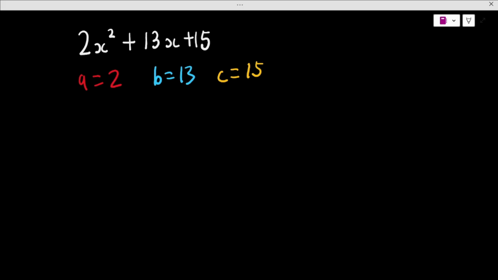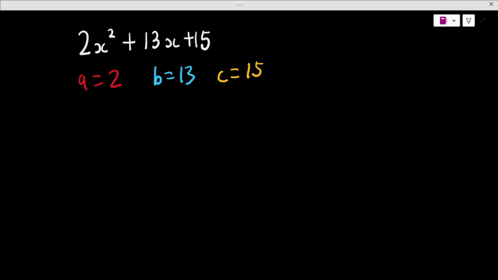The final method is what I call the cheating method, which essentially requires you to use your calculator. I'm going to be using the Casio FX-97SG X Class Wiz, so it might work a little bit differently for different calculator brands.